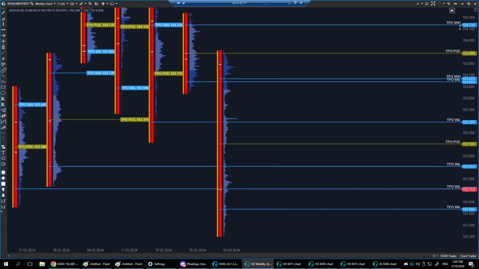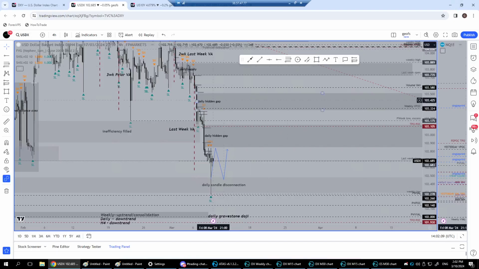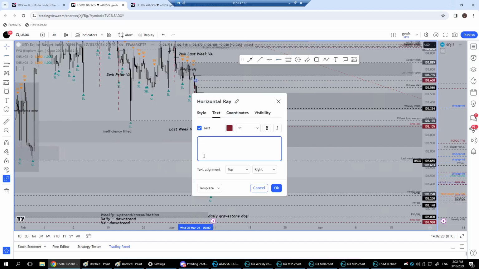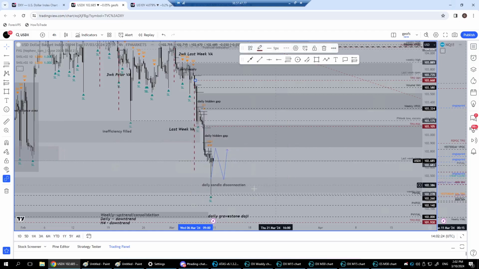TPO VAH 103.670. Did we note that? And obviously our TPO VAL is just going to be right there.